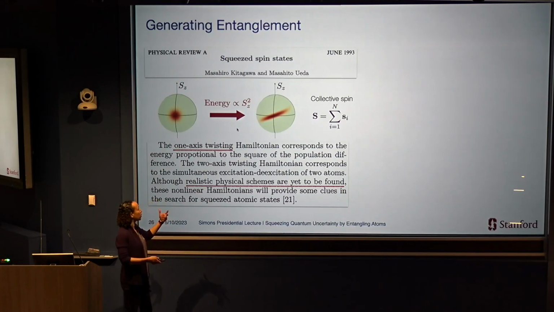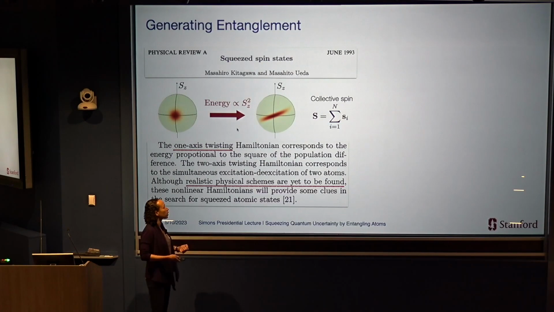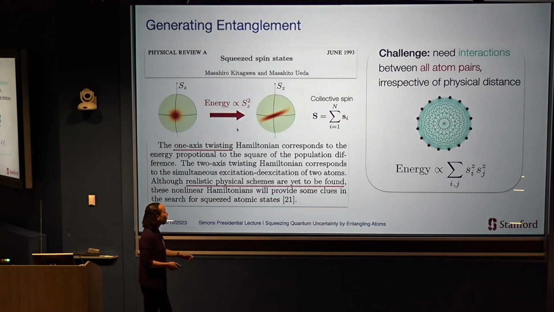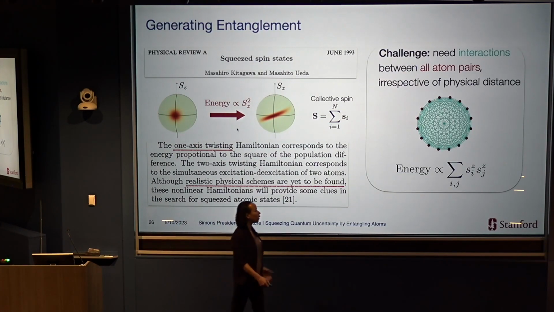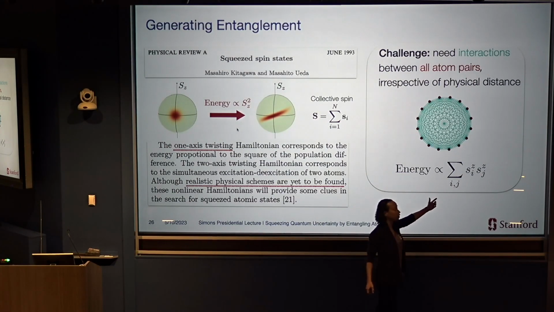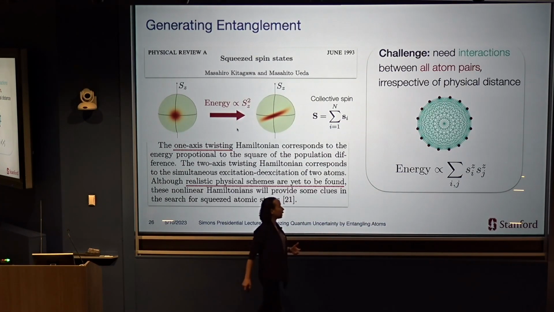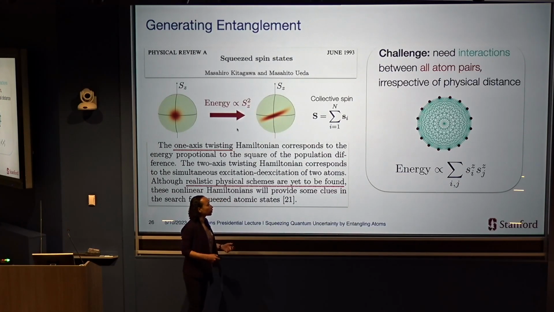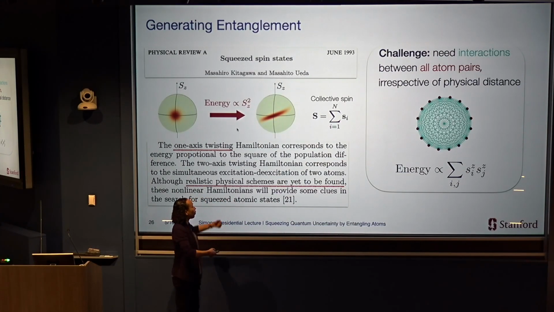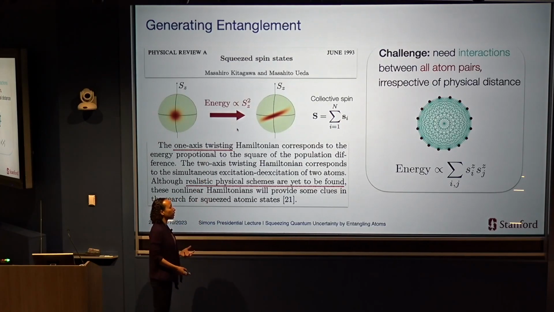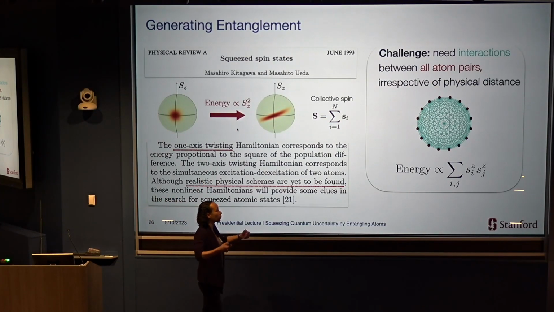So having an energy that's proportional to that population difference squared actually requires some interactions between the spins. In particular, I could write this down by saying essentially the energy for each pair of spins, I should look whether they're aligned or anti-aligned. And so the energy being proportional to the square of the population difference means there are interactions between all different pairs of spins.